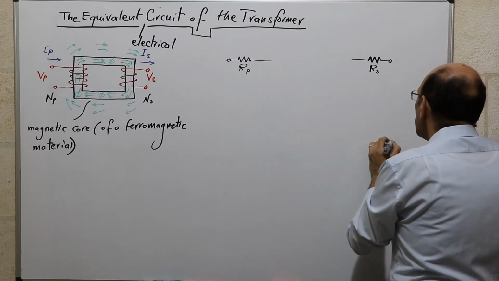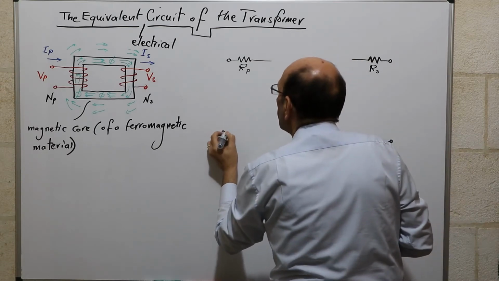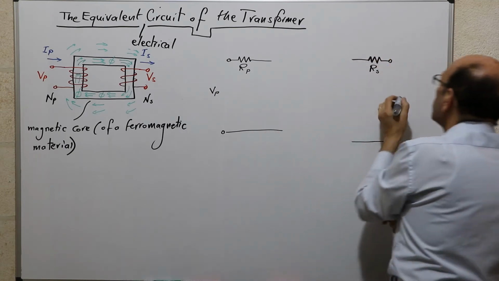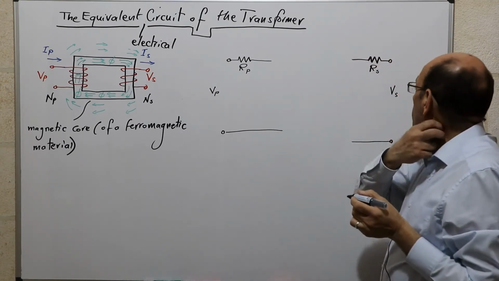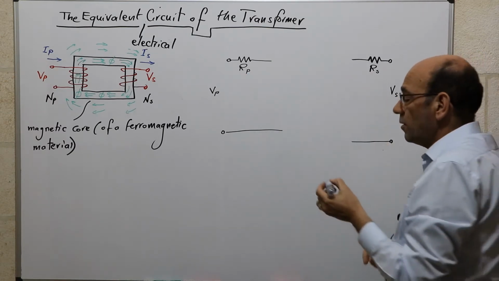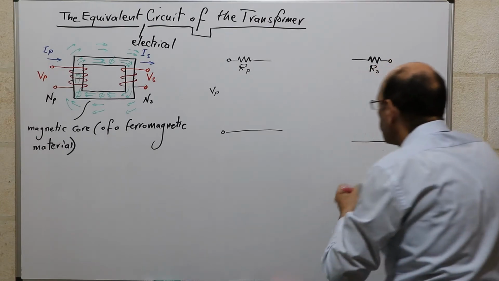Let's do this to complete the circuit, and we will still have VP at this side, VS at this side. So that's the first step, and in fact RP and RS will account for the copper losses.